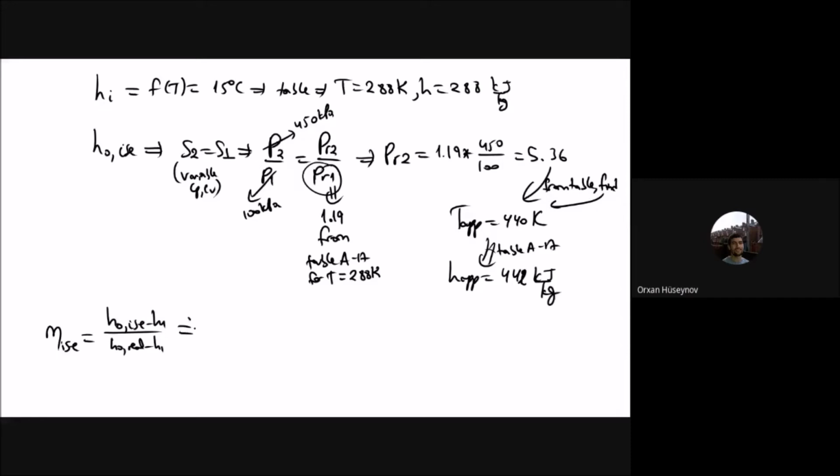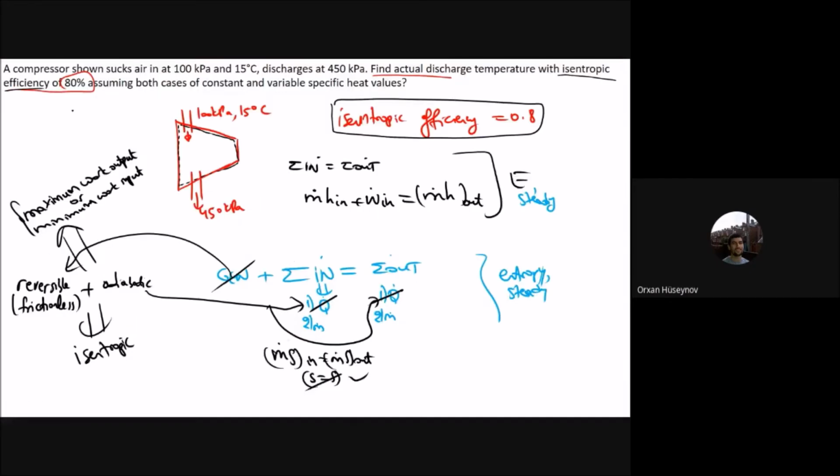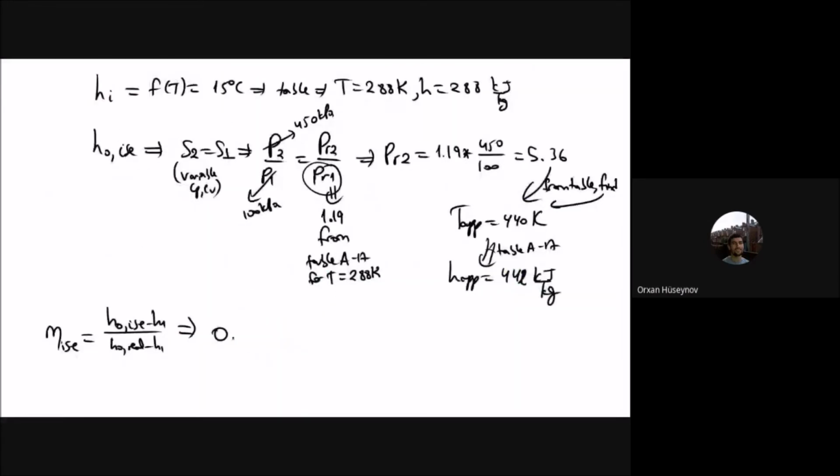So isentropic efficiency is given in the question. It says 80%, so 0.8 will be equal to isentropic enthalpy at outlet, which is 442, minus H1, which is the same for the isentropic or the real, it doesn't matter, it will be 288, divided by the real enthalpy, which is unknown, minus 288.